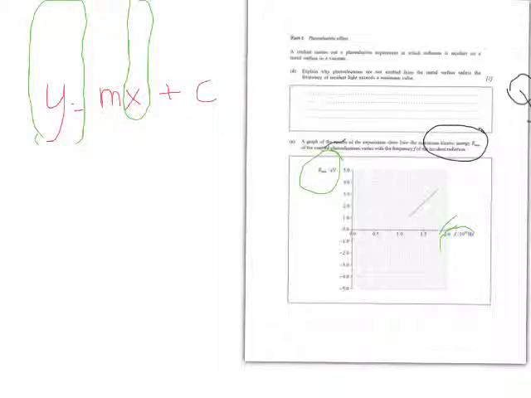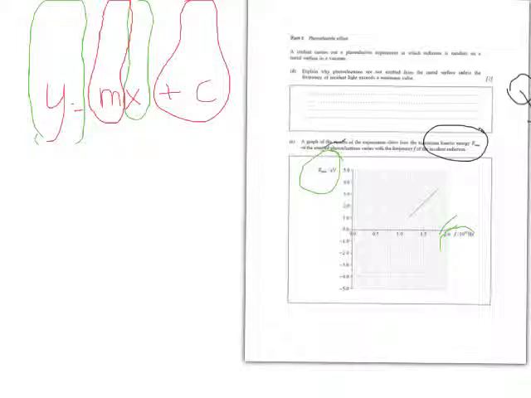The first one is that the gradient of the graph will give you Planck's constant, and the intercept will give you the work function. Now this is a common question, and be careful because they do sometimes switch these around, so you might have to change Einstein's equation a little bit for it to fit, but pretty much it's the same idea.